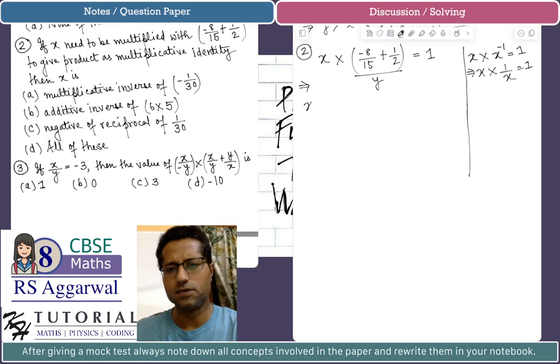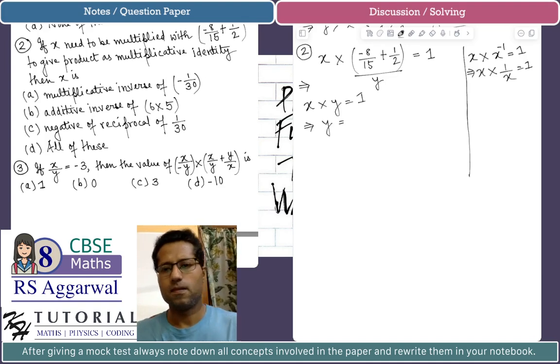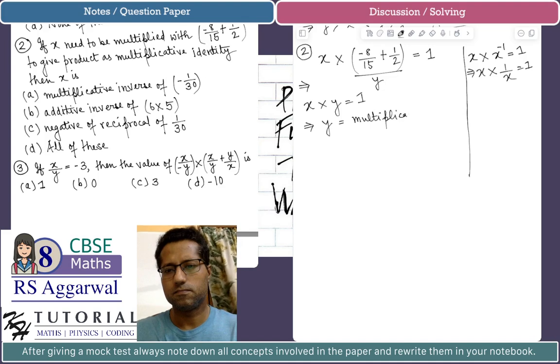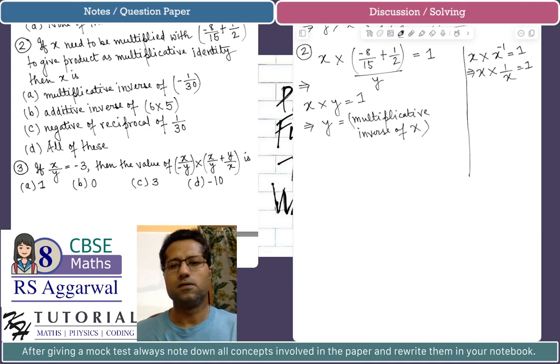So what is given is that x multiplied by y is equal to 1. So clearly we can say that y is equal to the multiplicative inverse of x. By notation, the multiplicative inverse of x is x to the power minus 1. So y is equal to this.